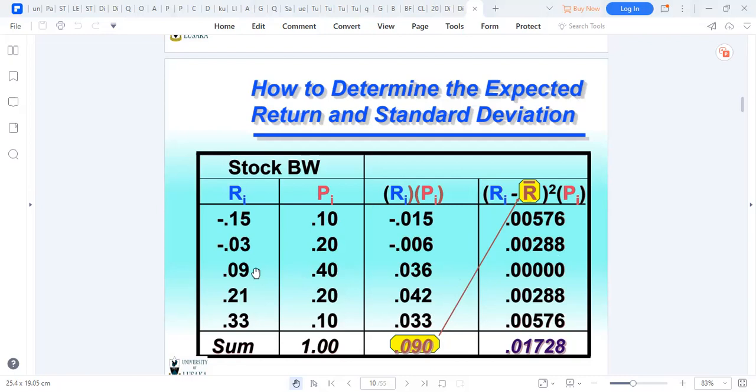We also calculate 9% minus 9%, which is 0. You square the 0, it is 0, times the probability of 0.40. So this is what we are doing in this column. We do the same for each of the individual returns and you sum them up. So this is how we get the 0.1728. Are there any questions so far?